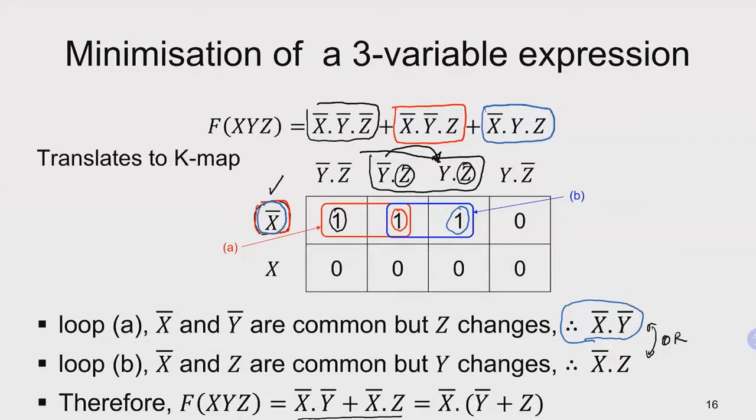And we can factorize this by taking the common factor of x bar, and this will be equal to x bar AND with (y bar OR z). So this function here can be minimized to this.